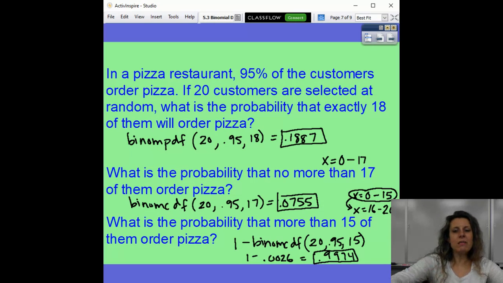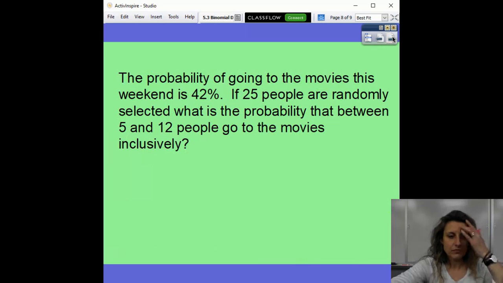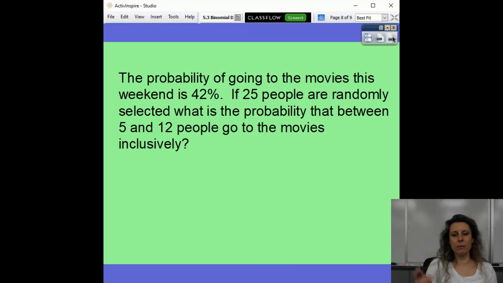Okay, there is one more type of question that I want to look at today, and that's the idea of between. So the probability of going to the movies this weekend is 42%. If 25 people are randomly selected, what is the probability that between 5 and 12 people go to the movies inclusively, which means that I want to include the 5 and include the 12.